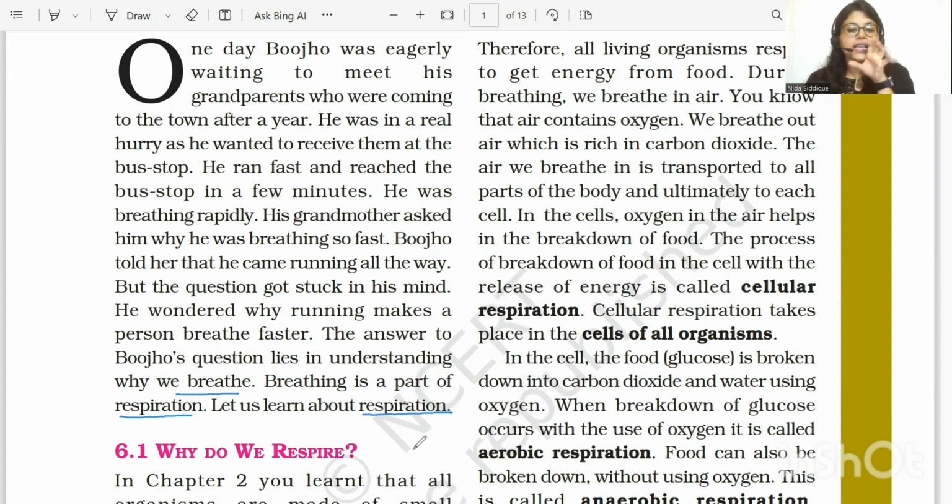So first thing, let us understand why do we respire? Why all the living organisms, not only humans, ना ही सिर्फ इंसान बल्कि जितने भी living organisms है सब respire करते हैं. Everybody respires. Okay, it is one of the very essential life processes. So let's get started.